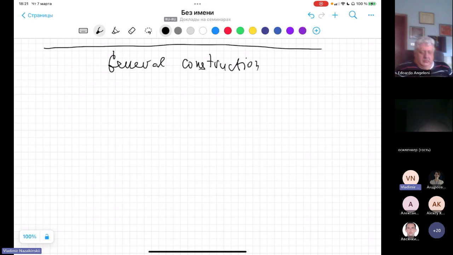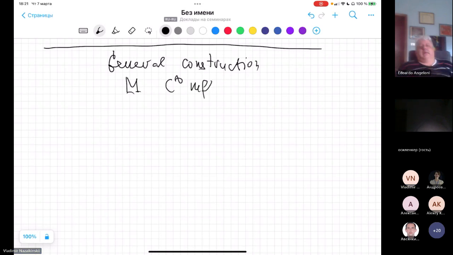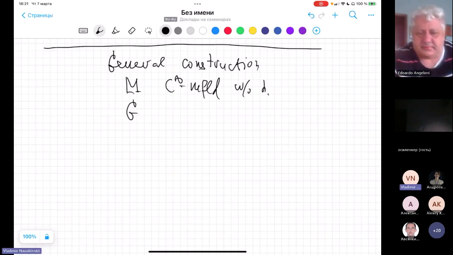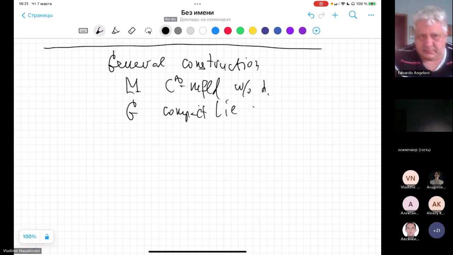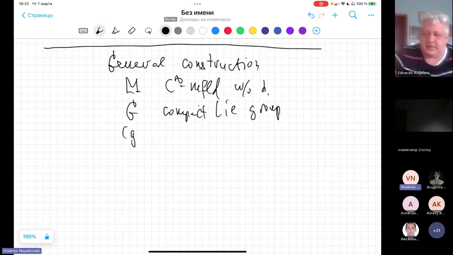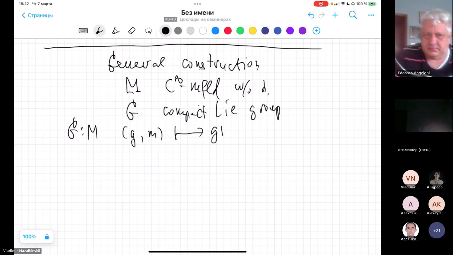Well, so assume that we have a C infinity manifold M without boundary, a compact Lie group G, and we have a smooth action of G on M. We'll write it actually as follows.